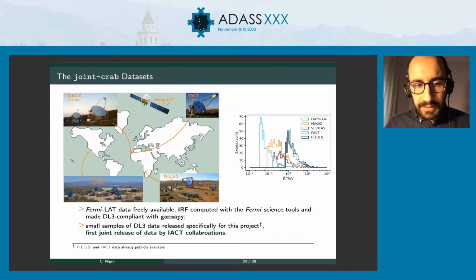As I said, Fermi-LAT data are freely available, and we computed the IRF with the proprietary science tools, and then we made them DL3 compliant using Gammapy. And then we used a small sample of DL3 data that was specifically released for this project. So this constitutes also the first joint release of data by current Cherenkov telescopes.